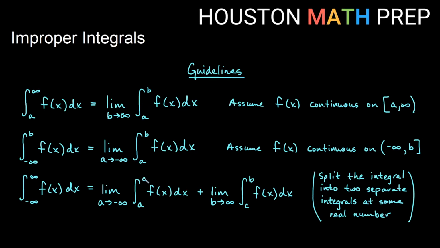From negative infinity to c, which will be improper itself because the negative infinity will still be improper, we'll sub in something for our negative infinity and take the limit as that thing goes toward negative infinity. And then we'll also have an integral from c to positive infinity. In that case, we plug in a dummy variable and let that dummy variable tend toward positive infinity. The most common thing that people will split an integral at is 0, but it'll depend on the expression that you're integrating and what is easiest to plug in and evaluate in your opinion.